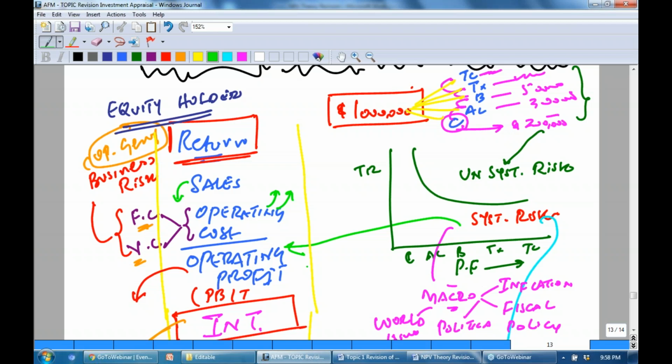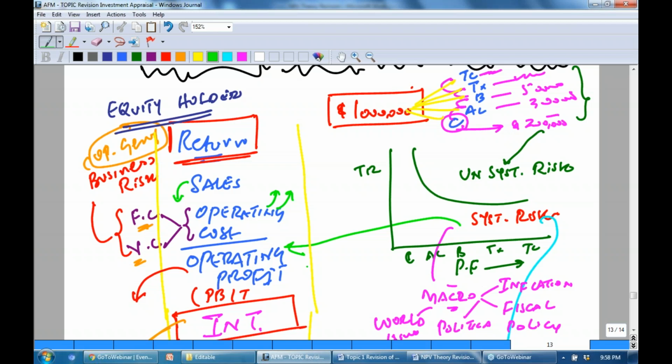For example, if the government announces some fiscal policy, a taxation matter, tax increases, then it will impact the whole car industry, affecting Honda, Toyota, Suzuki, and all the companies in the same manner.